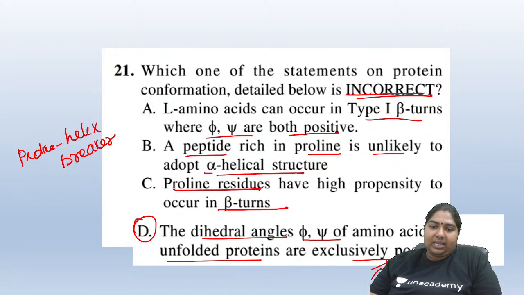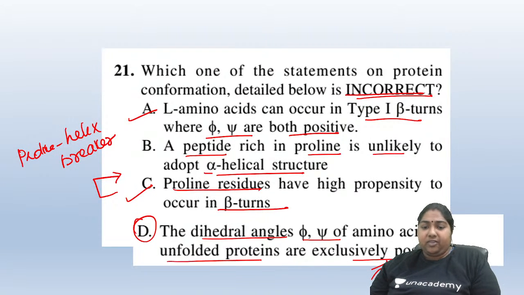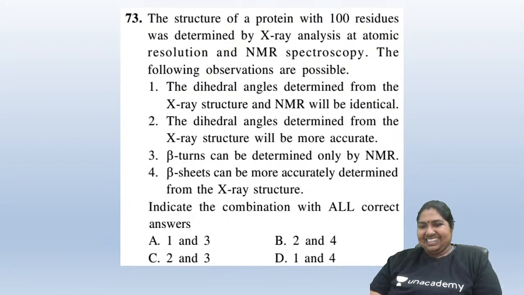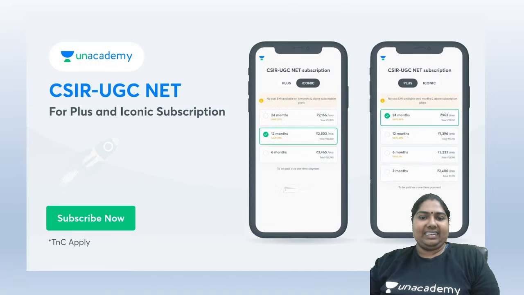And proline is in the beta turn, because it only helps in the turn. So both of them are positive, it is type 1. That is correct. But if I have my phi and psi angles, definitely they should be positive only? How can I say that? We cannot conclude like that. That is why it is like that.